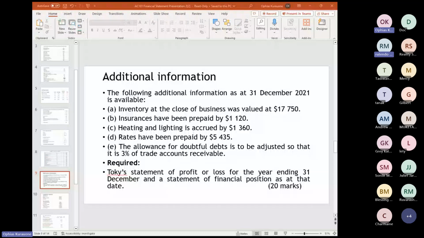Additional information A means closing stock, which goes to the statement of financial position.